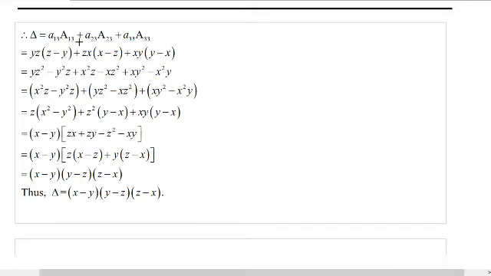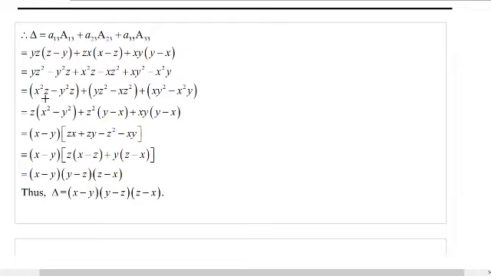And now putting the values here, a13, a23, a33. Multiply: y into z square is yz square, z into minus y is minus y square z, zx square, minus z square x, xy square, minus x square y. Done?